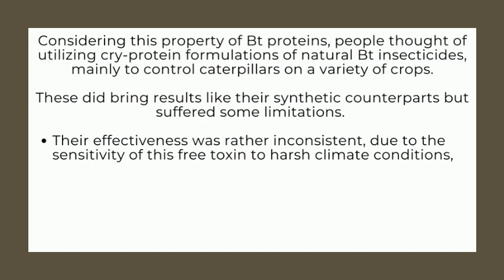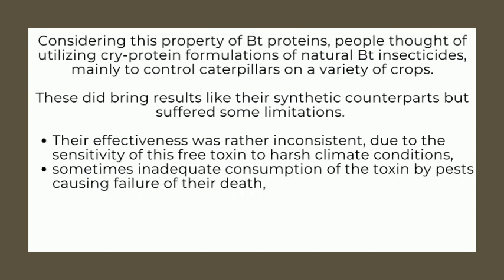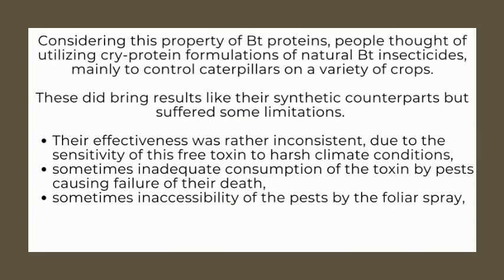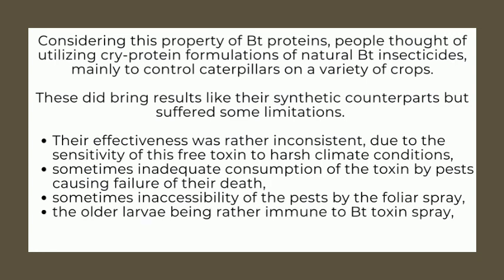Their effectiveness was rather inconsistent due to sensitivity of this free toxin to harsh climate conditions, sometimes inadequate consumption of the toxin by pests failing to kill them, at other times inaccessibility of the pests by the foliar spray, and last but not the least, the older larvae being rather immune to Bt toxin spray.